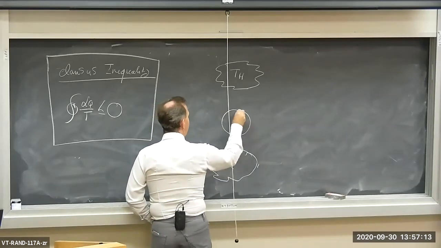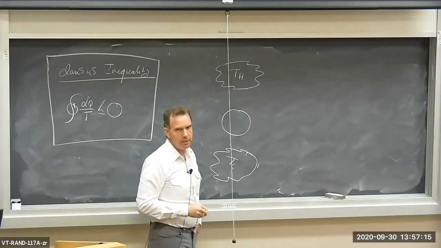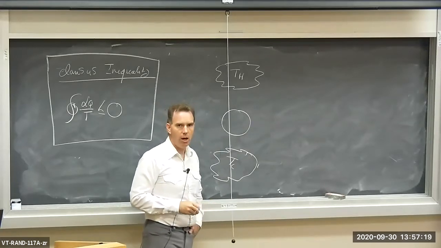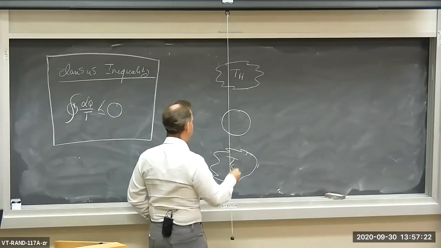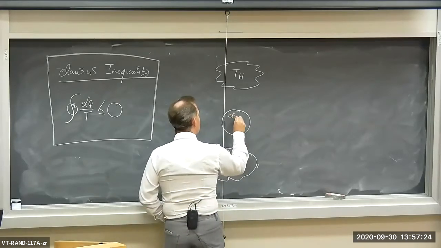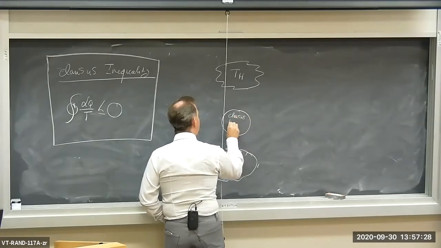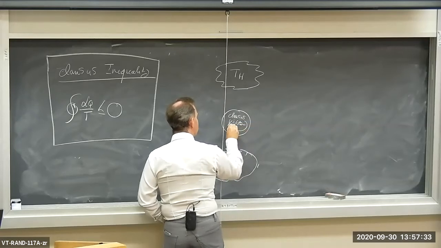Now, let's say I have a device. This is a magical device. It's called a Clausius Violator. It doesn't exist. It's a magic device.